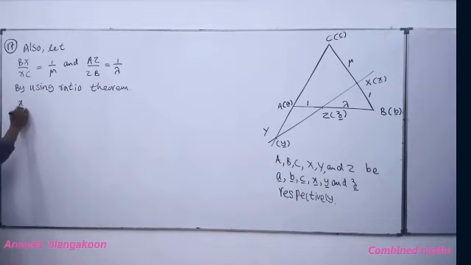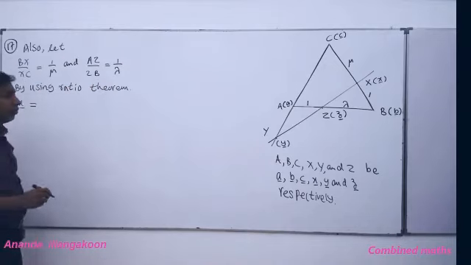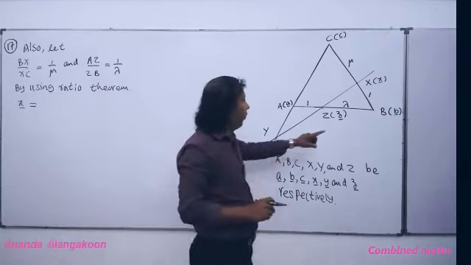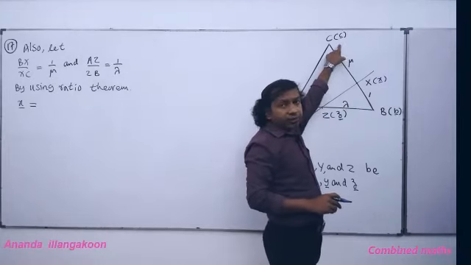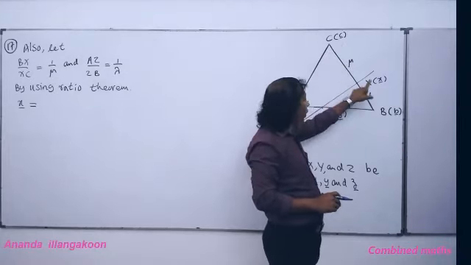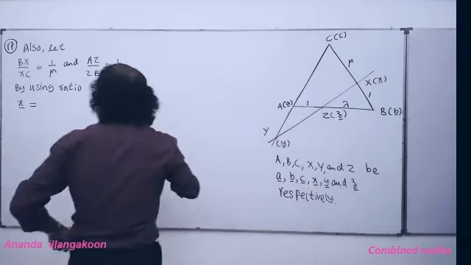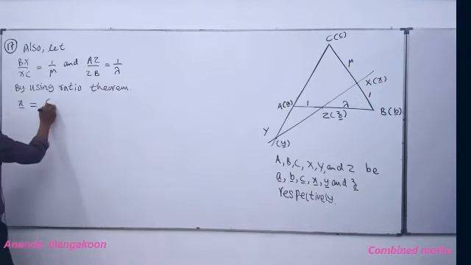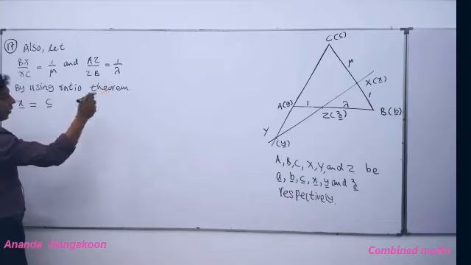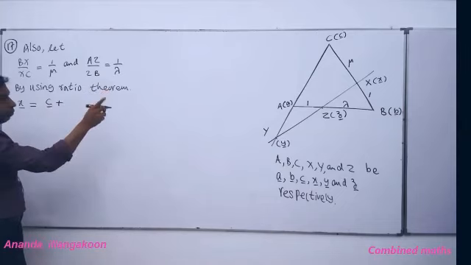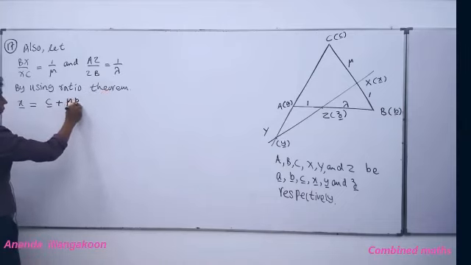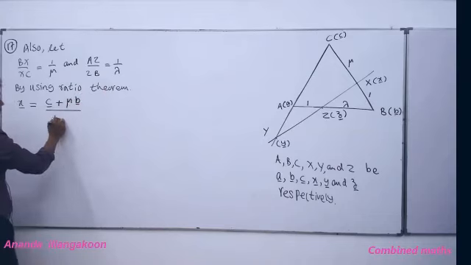Simple x vector you can write how, people? Simple x vector you can write 1 into c vector plus mu into b vector, 1 into c vector is c, divided by 1 plus mu.